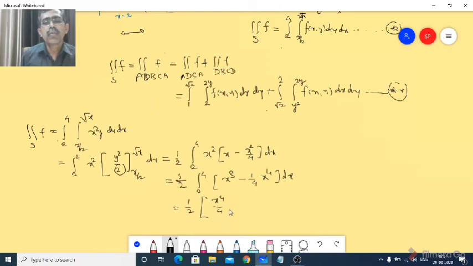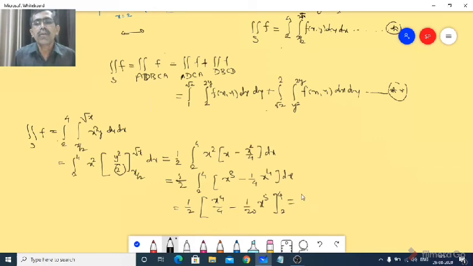This is equal to half, x raised to 4 by 4 as the integral of x cube, minus x raised to 5 by 5 integral, so that will be 1 by 20 x raised to 5, from 2 to 4. Now put upper limit minus lower limit.